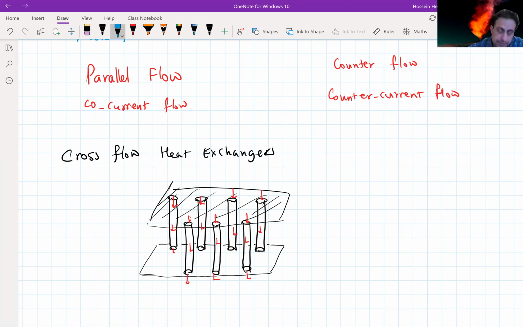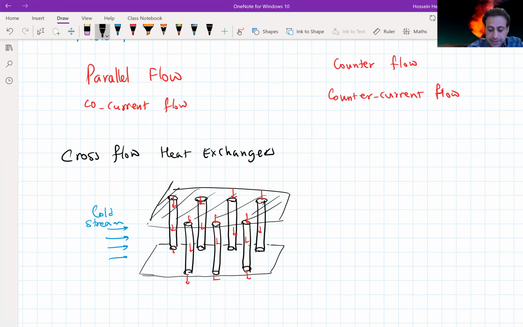And then we can have another stream of fluid. So let's say this is a cold stream that is just flowing, and we have exchange of heat between the two fluids while they are not really mixed together.